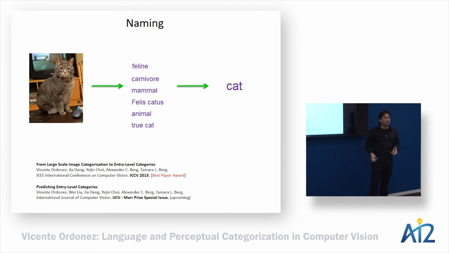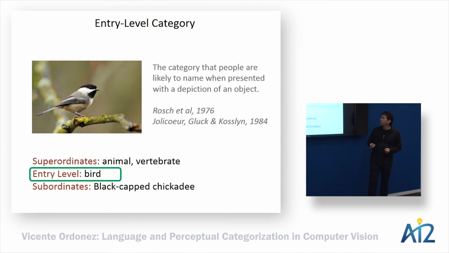We usually prefer one of them. So researchers like Rosch and Kosslyn did a lot of experiments in the context of psychology on entry-level categories. And entry-level categories are the categories that people are likely to name when presented with a depiction of an object.